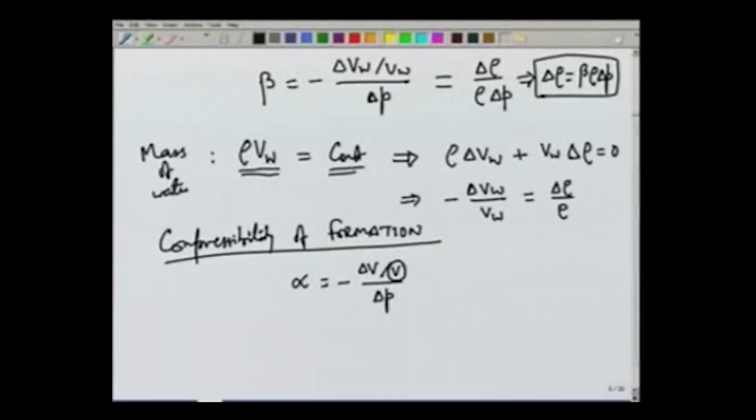So, in this case, since we are taking unit area, we can say that V will be equal to B into 1, and delta V is the change in V. Delta P is the pressure, but since we are using P as a symbol for the pressure in the water, we can use a different symbol here, and we can write P F as delta P in the formation.